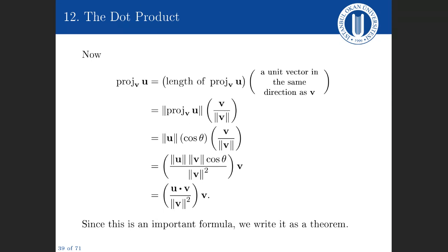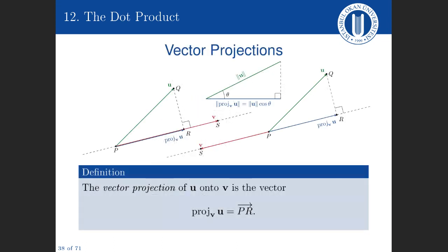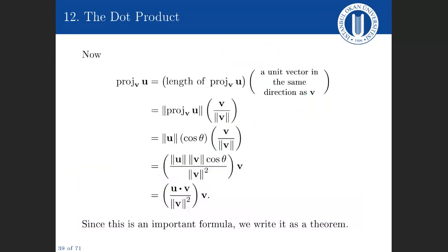So what we need is the length of this projection. For this number, we go back and we look at this picture. Using trigonometry, the length of the blue side of this triangle must be norm of u cos theta. So this is what we put in.